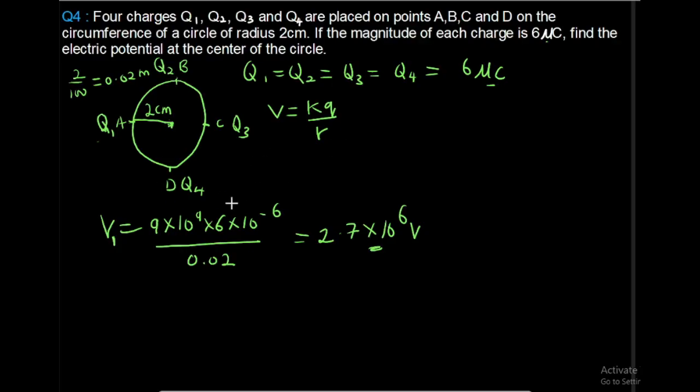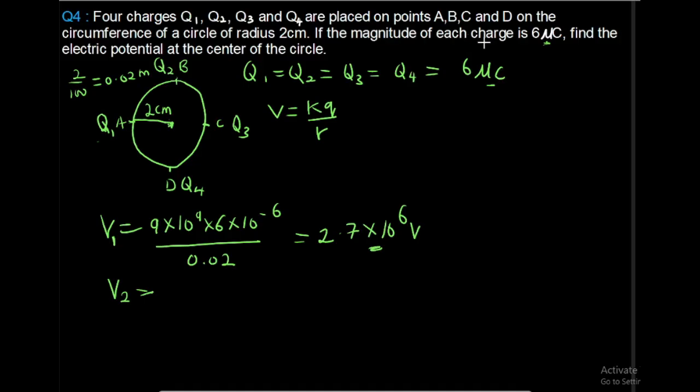So to get the potential of the second charge, V2. Now remember, V2 also has the magnitude of the charge to be 6 times 10 raised to the power of minus 6 coulomb, because they say Q1 is equal to Q2 equal to Q3 equal to Q4. All of them have the same charge.